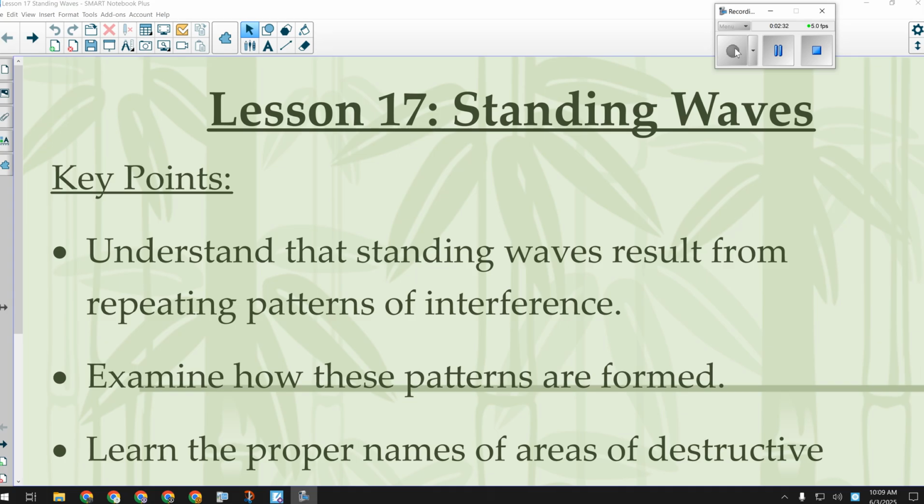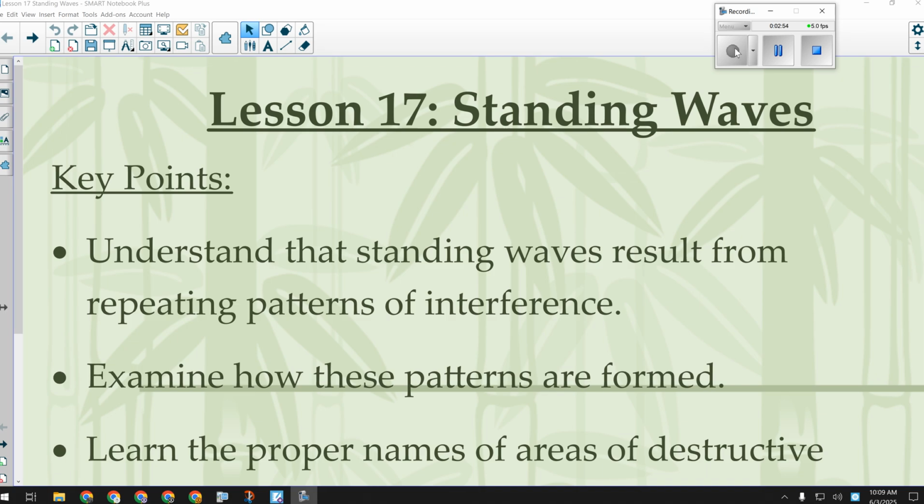Remember that we see that big amplitude because all of those waves are identical. They have the same frequency, the same wavelength, and they're on the same medium, so they're traveling at the same speed. So they cannot help but meet up and interfere constructively in one place and destructively in the other based on their length, frequency, and speed.